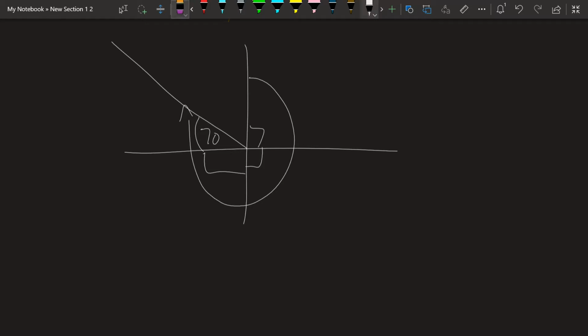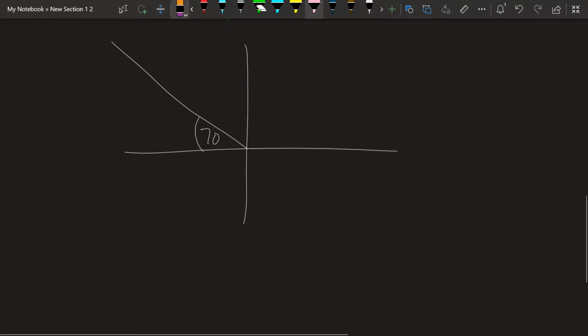So that's your bearing right there. How might you express that in mariner's compass? So we know that this is west and this is north. You can either say west to north by 70 degrees, or you can say north to west by 20 degrees, because from north to west, that's 20 degrees.